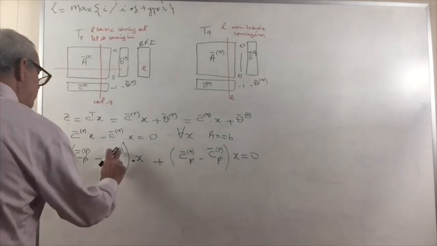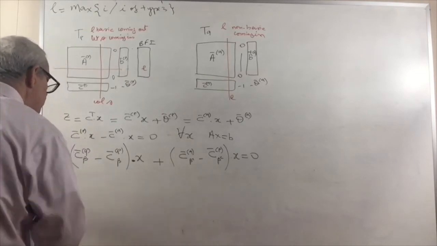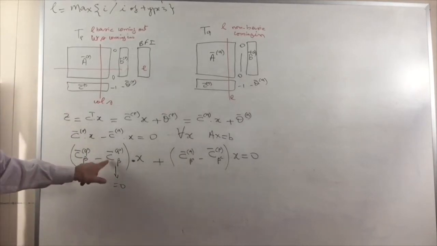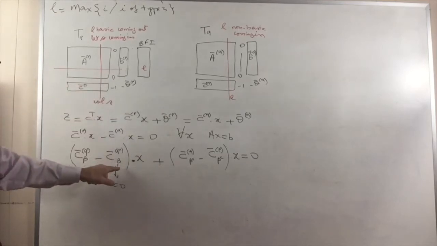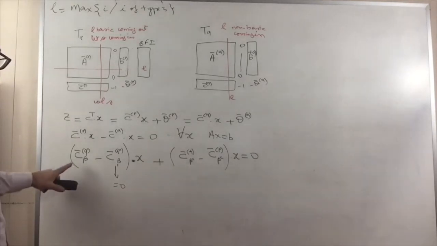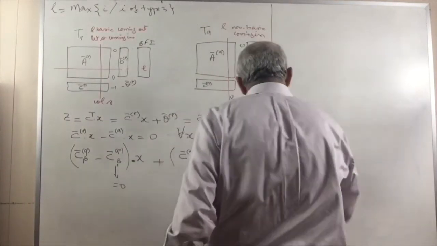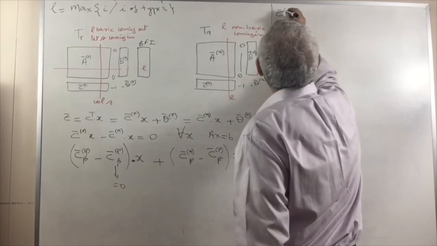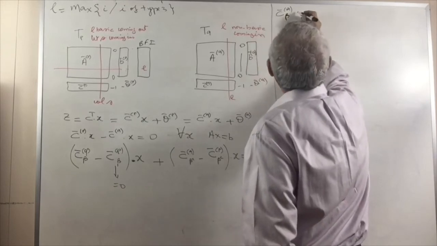Now this is equal to 0, because in C bar of P beta, the coefficient corresponding to the basic variable is 0. So that number is 0, and what's left is just this. So let me write it over here. I got C bar of Q beta times X beta.